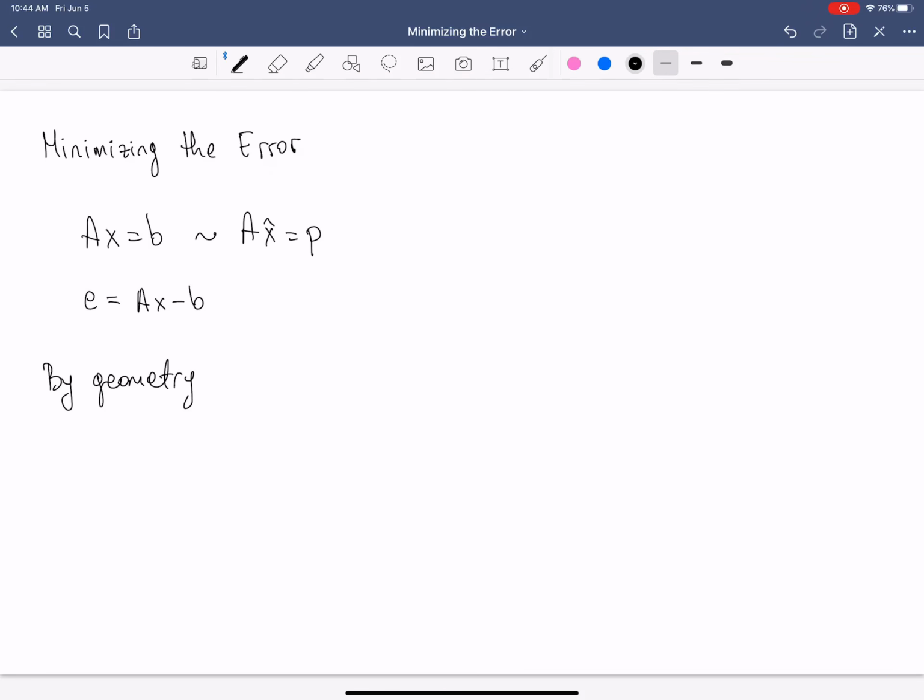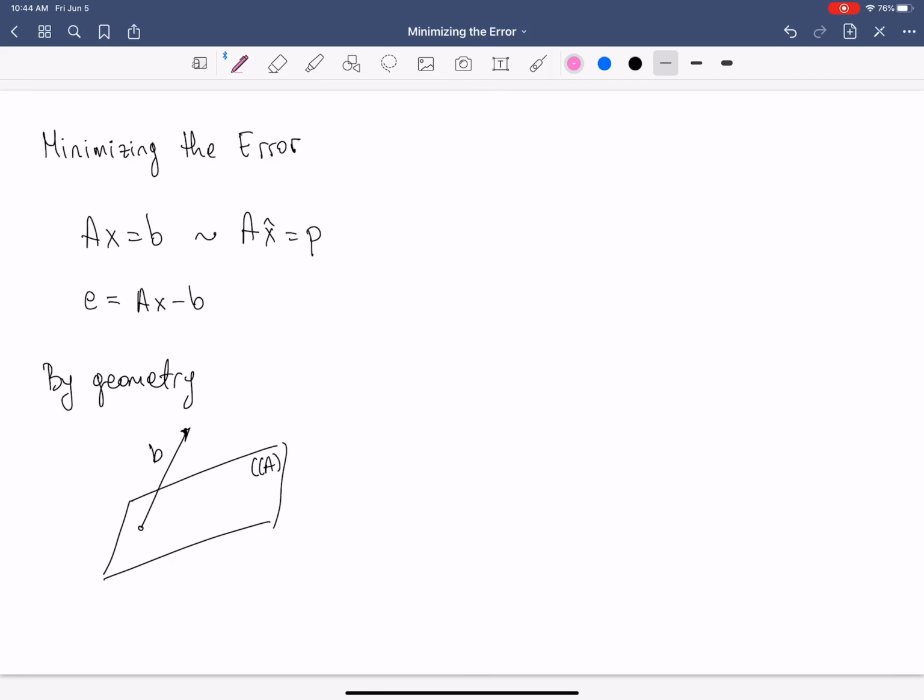So by geometry, it's like this. Imagine you have a plane to represent the column space of A, and you have some vector b like that. So this is your vector b, to indicate that b is not in the column space of A. The question here is, what point in the column space should we take so that the error becomes minimal?